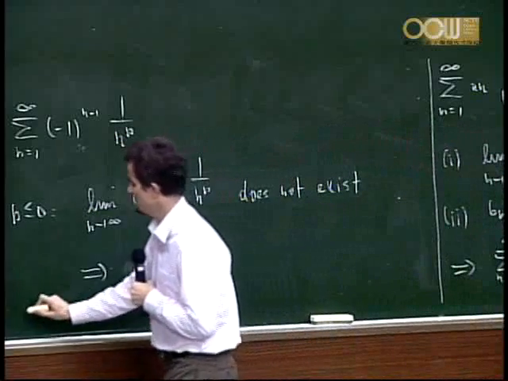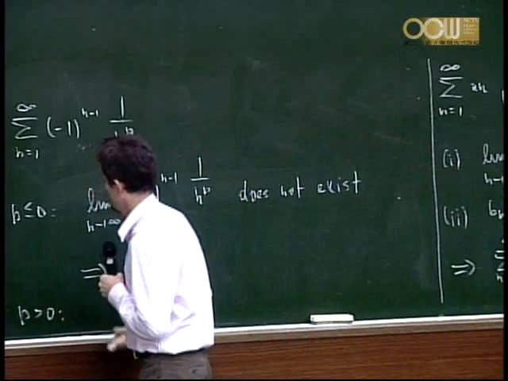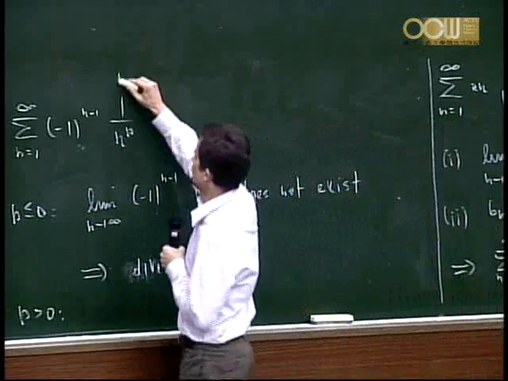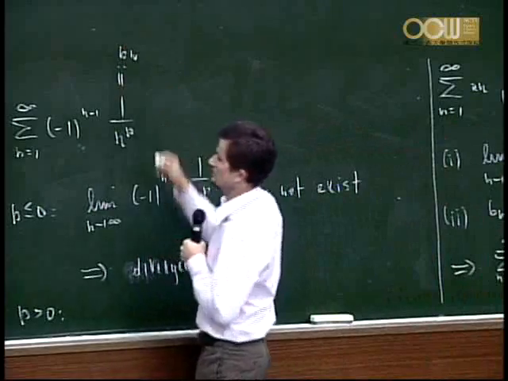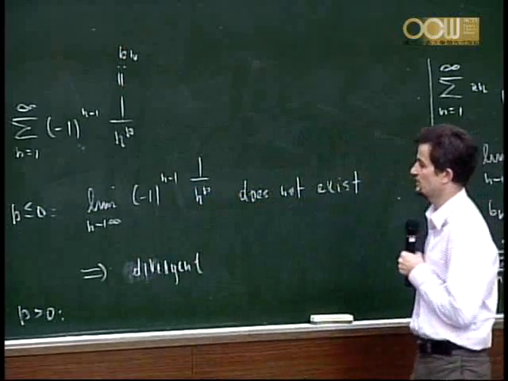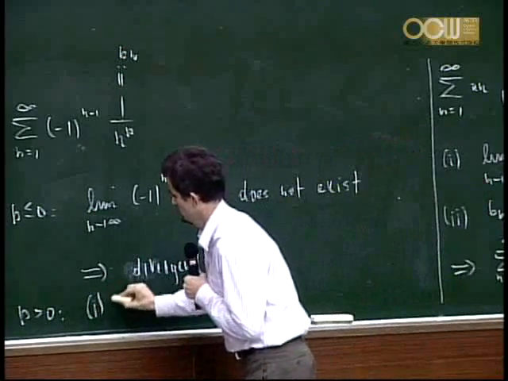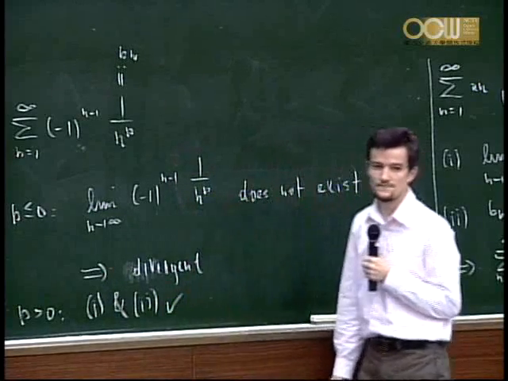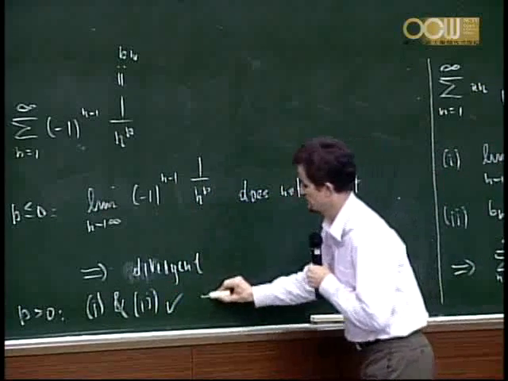And if p is larger than 0, okay, so this is the remaining case. So in this case, you call this term here Bn. So you easily see that 1 and 2 are satisfied. Okay, so in this case, you have convergence.